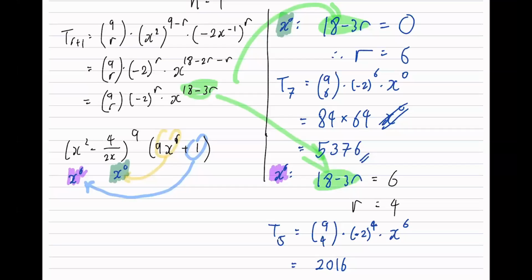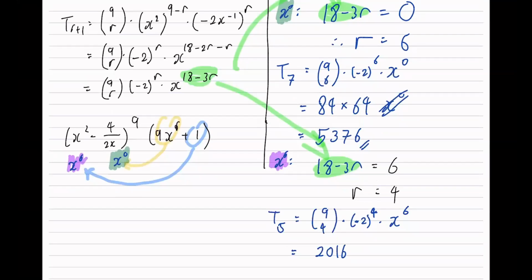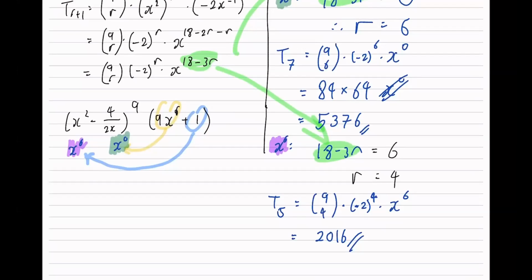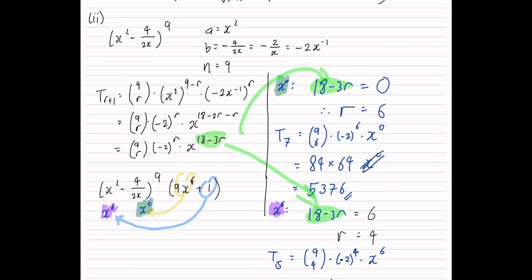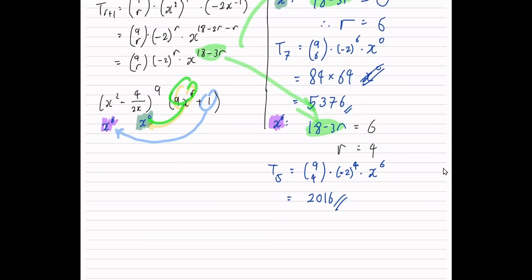Okay, yes, 2016. All right, Ken. So yes, 2016. Not done yet. Now we need to find the coefficient of x power 6 using that value of r equal to 4. Okay, so then you just expand. Yes, just take the yellow multiplied by green, blue multiplied by the purple.